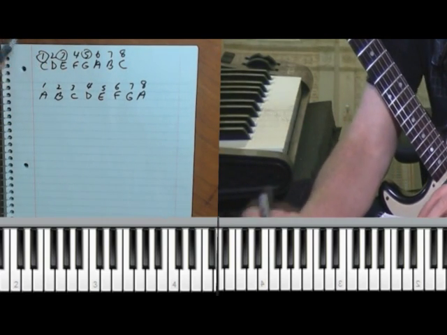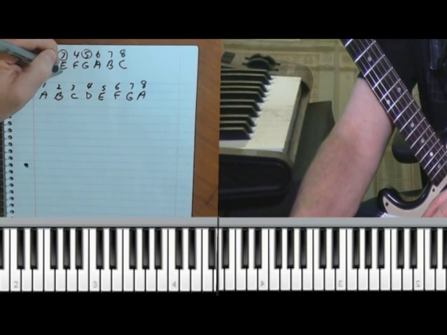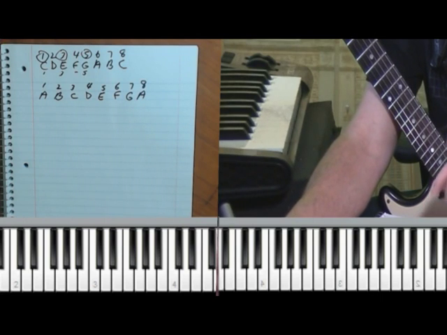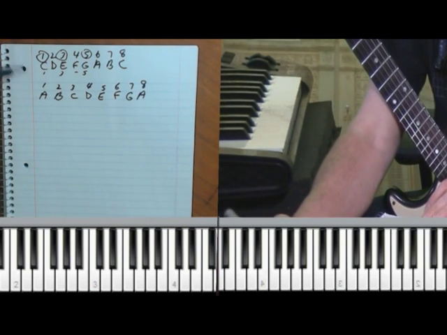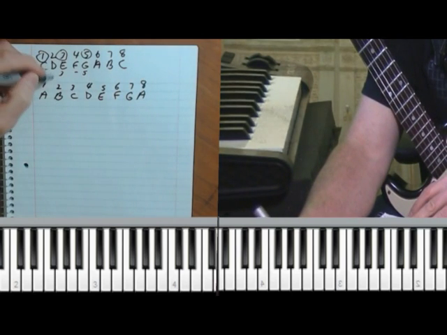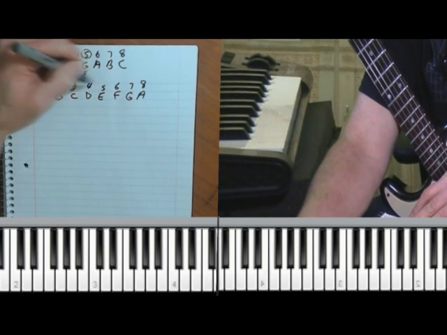And what we got was when you played C, E, G, 1, 3, 5, in the mirror, if you play a keyboard in the mirror, you're going to see A, C, E, right? So you're going to get 1, 3, 5.